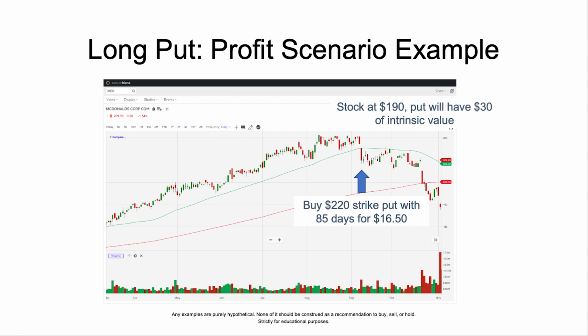A profit scenario here is, suppose the stock drops down to one of its target support levels, call it $190. At $190, the 220 strike put will have $30 of intrinsic value, so it'll be trading somewhere greater than $30. But even at $30, that'll be $13.50 of profit. And the farther the price falls, the more intrinsic value we'll get out of this trade.